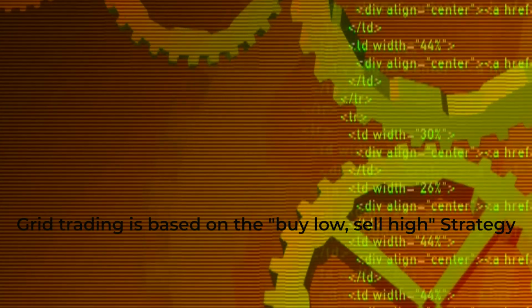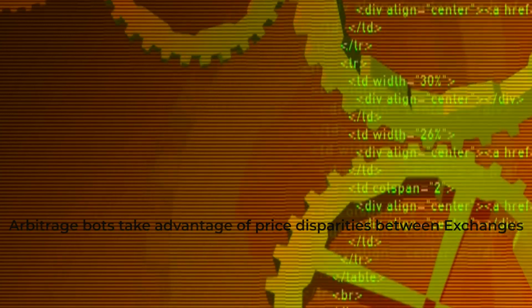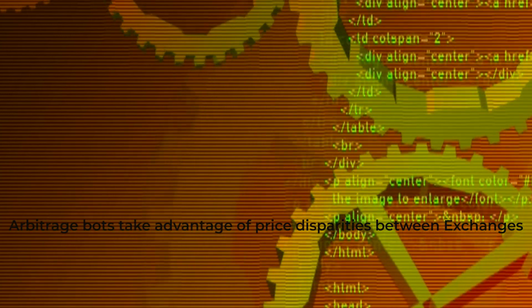There are several different categories of cryptocurrency trading bots, each with unique features, functions, and costs. The most common ones are often grid trading or arbitrage bots. While grid trading is based on the buy low, sell high strategy, arbitrage bots take advantage of price disparities between exchanges.